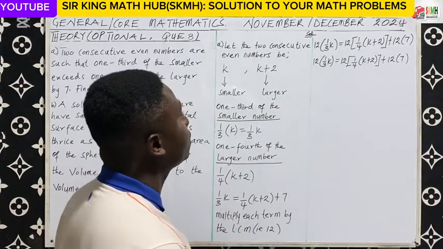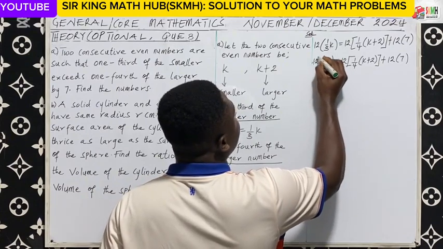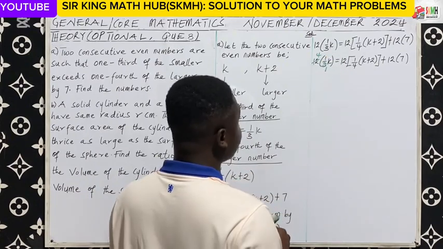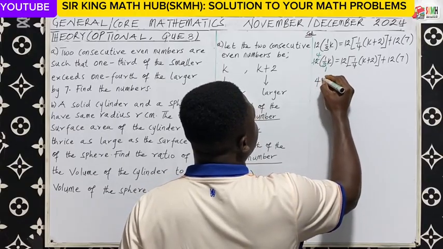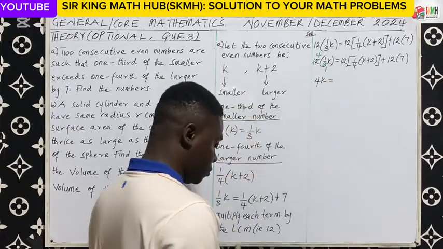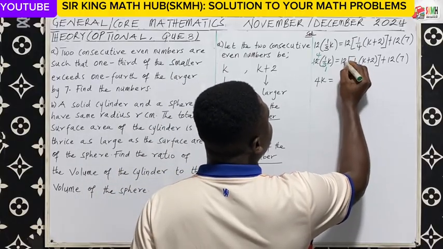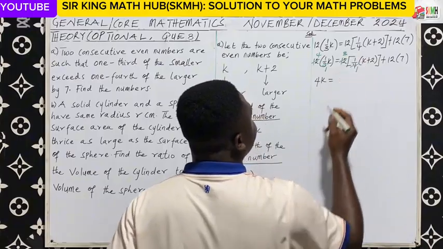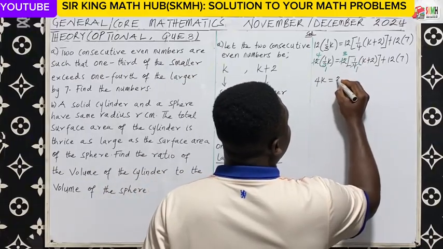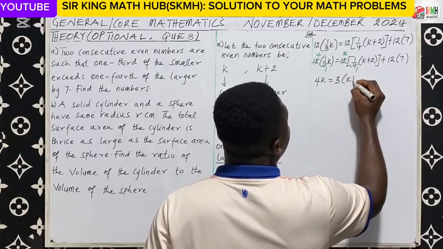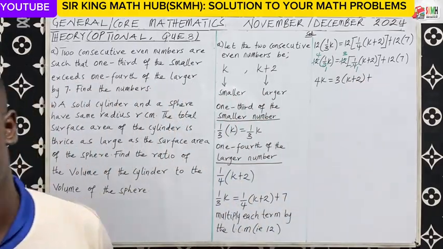So now, you see that 3 goes here, 1, 3 goes here, 4. So we have 4k. Also for the second term, 4 goes here, 1, 4 goes here, 3. So we have 3 multiplying k plus 2, and then 12 multiplied by 7.